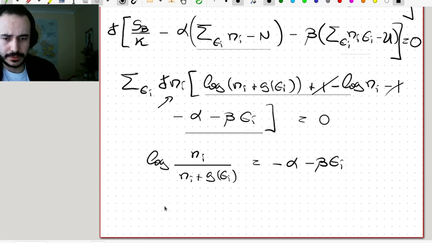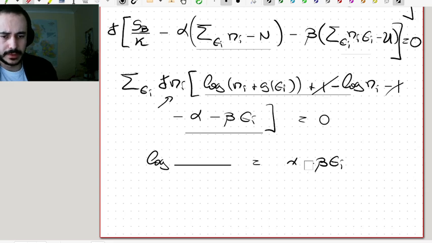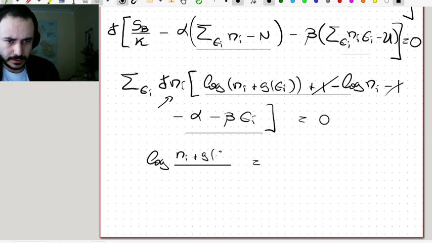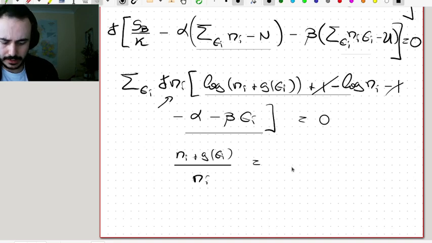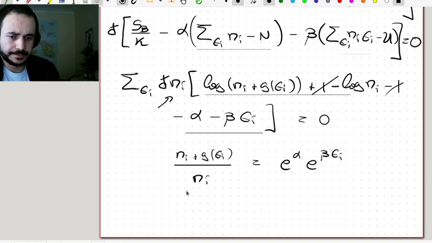It's more straightforward if we multiply everything by minus 1, so this is alpha plus beta epsilon_i. Exponentiate so that we have (n_i + g_i) divided by n_i equals e to the alpha times e to the beta epsilon_i.